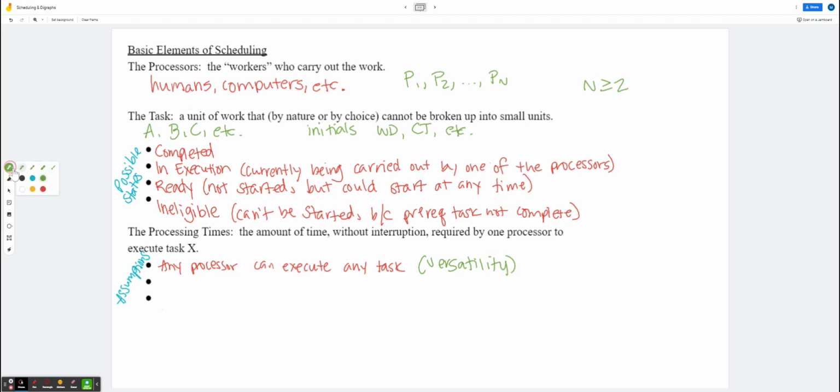The second assumption is that processing time is the same for each processor. So it takes you and your siblings an equal amount of time to cook dinner. This is called the uniformity assumption.